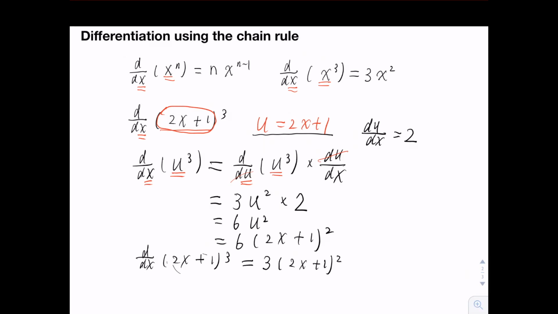And with power 2 left. And then times derivative inside, which is 2x derivative is 2, 1 derivative is 0. So basically just 2 left. And then they give us the exact same answer, which is 6 times 2x plus 1 to the power 2 left. So that's the answer.